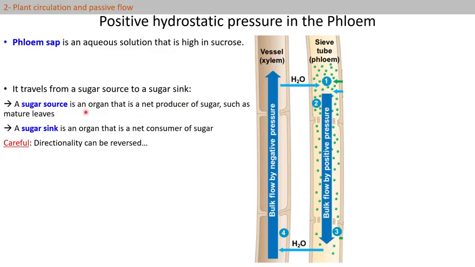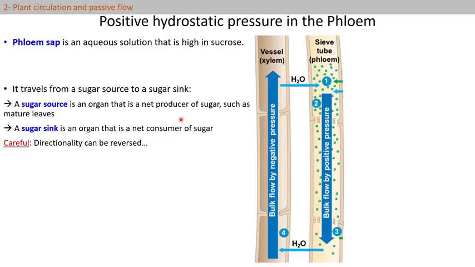So imagine, for instance, mature leaves who do photosynthesis, to a sink. So for instance, imagine a flower, a fruit, a root, or things like that. However, change the season, and it's very possible that the root, for instance, loads sugar on the phloem, and the directionality would be reversed. So remember, phloem is bidirectional.